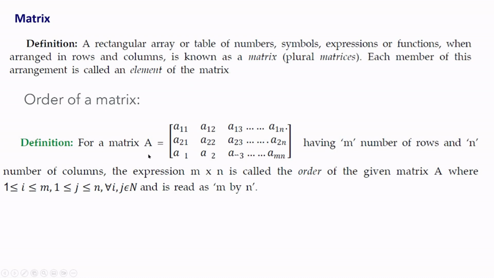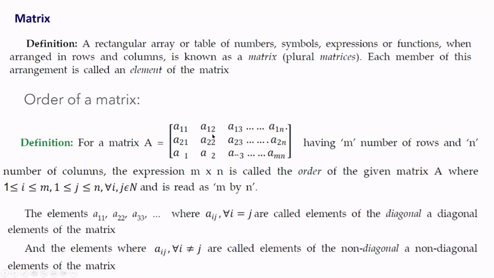So if a matrix A has m rows and n columns, then the expression m by n is called the order of this given matrix A, where i varies from 1 to m and j varies from 1 to n, where i and j belong to the set N of natural numbers, and we read this expression as m by n. This is called the order of a matrix.